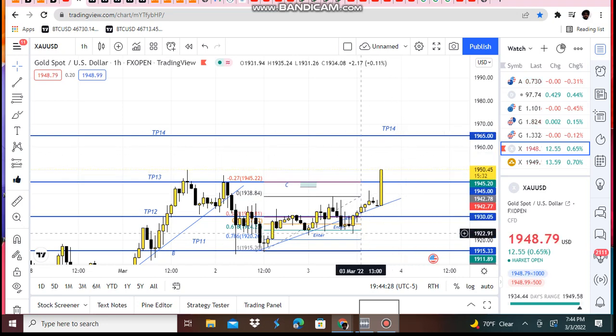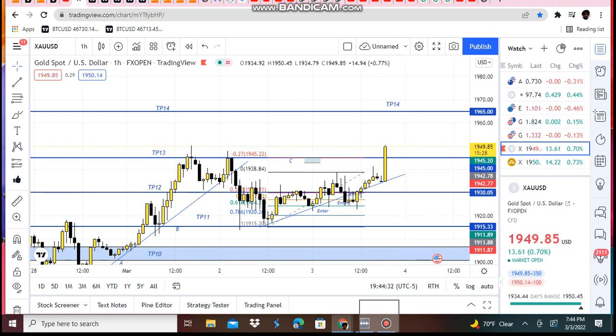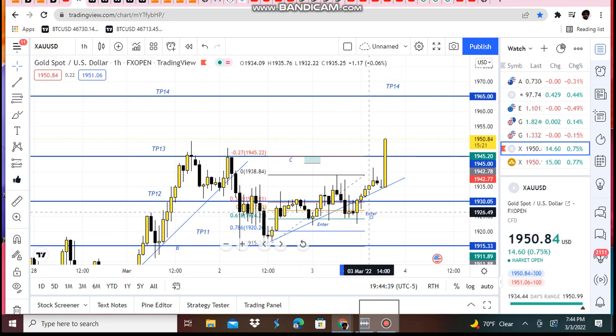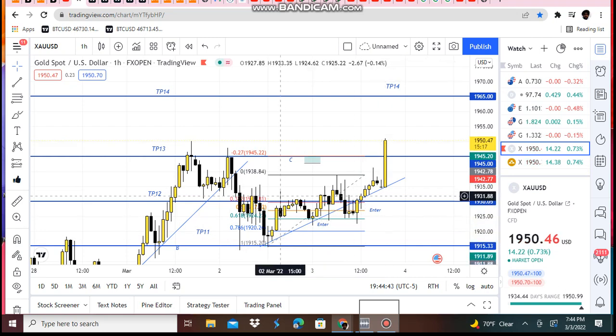So like I said, gang, you could have entered for a trade. You had entered at 0.618 and 0.5. Once price shows us a hammer pattern, wait for price to make a higher low.